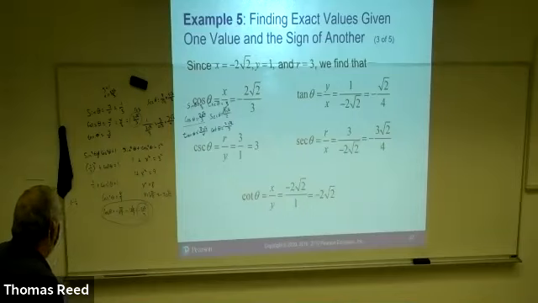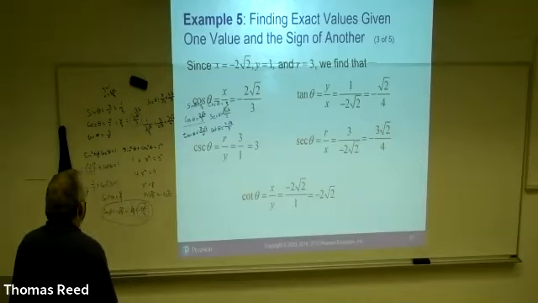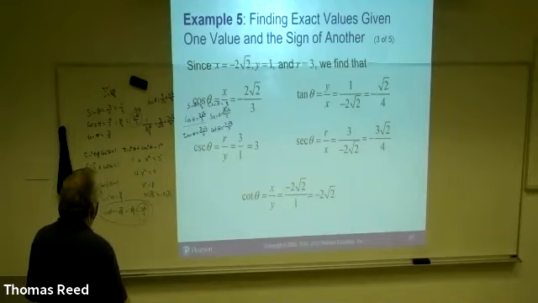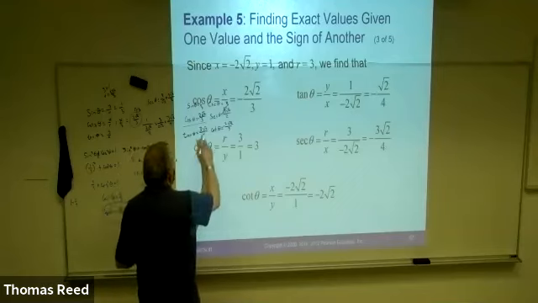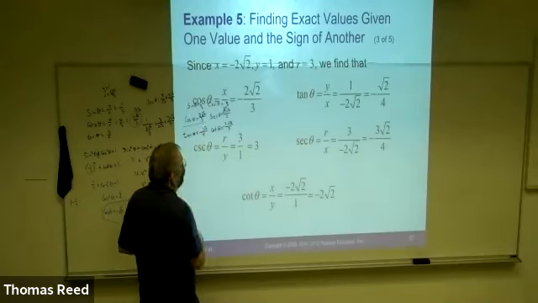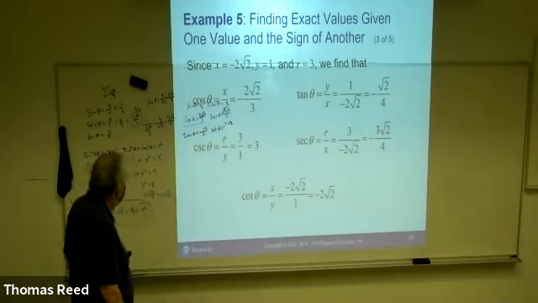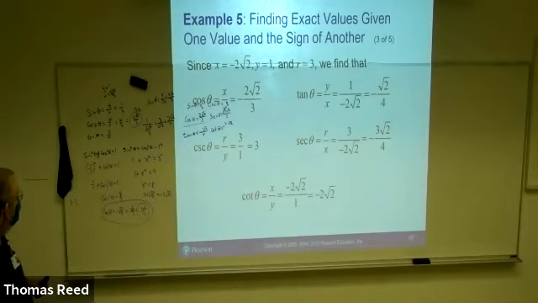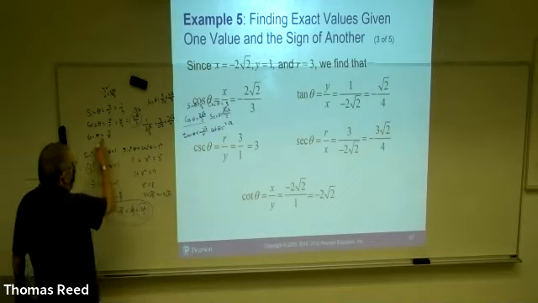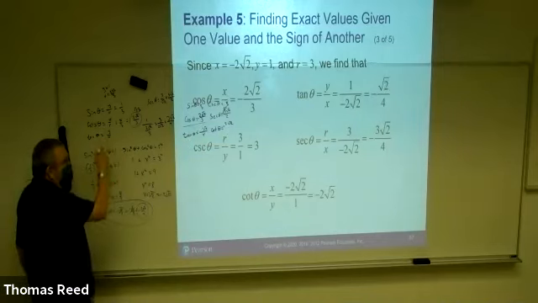Cotangent and tangent won't have the 3 in it. The x over y is 1 over the square root of 2, or 1 over 2 times the square root of 2. Okay, so that's why there's no 3 here or here. Yeah, because for tangent and cotangent, the radius has nothing to do with those numbers.